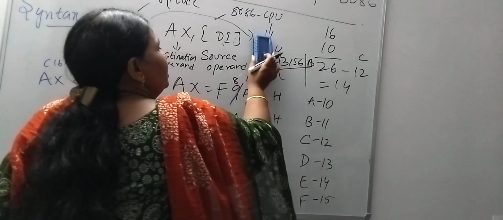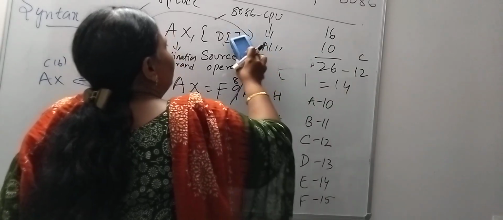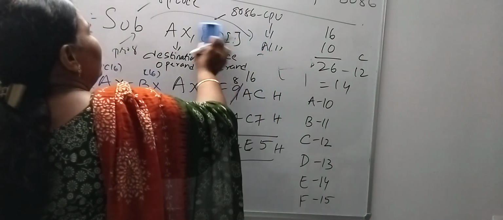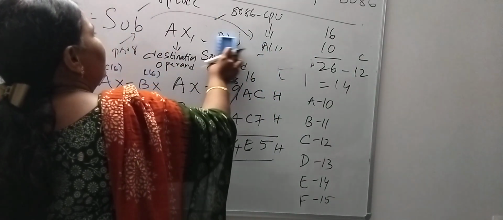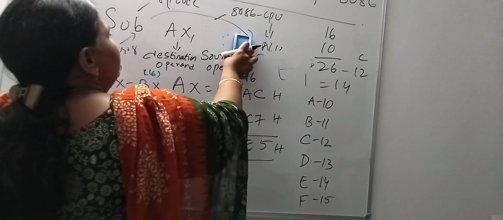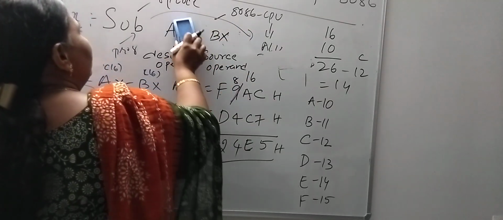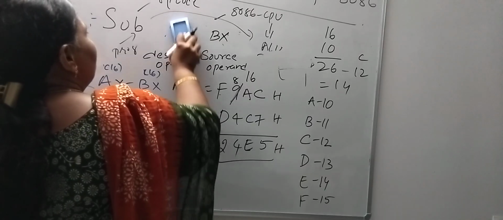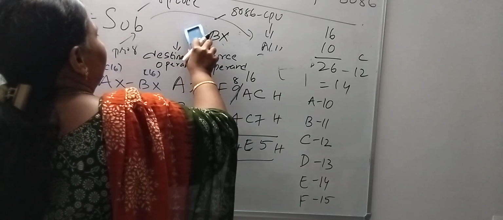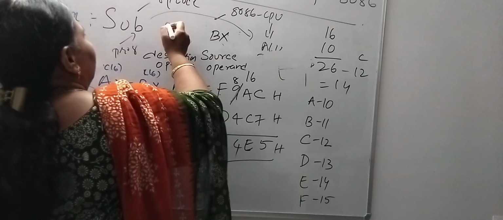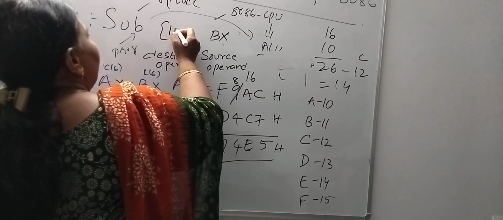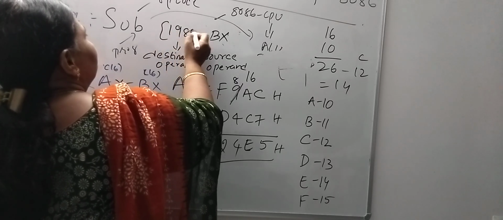Now think BX is used, as we used earlier. At the destination you can make use of a memory location. Think I have used some address of the memory location like this.